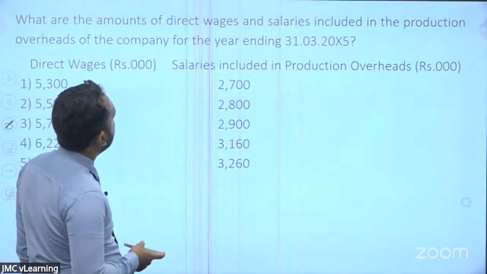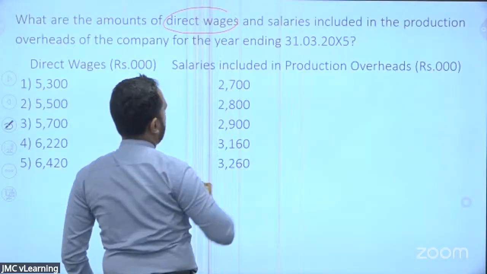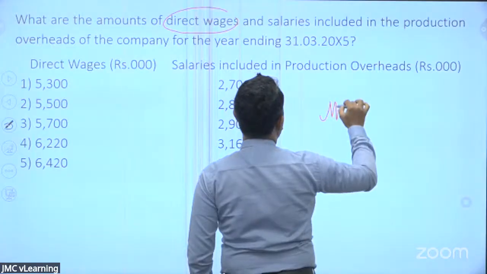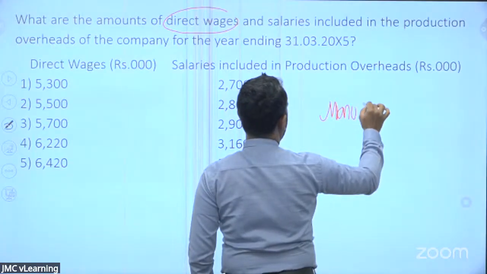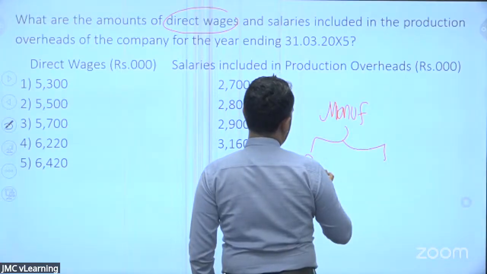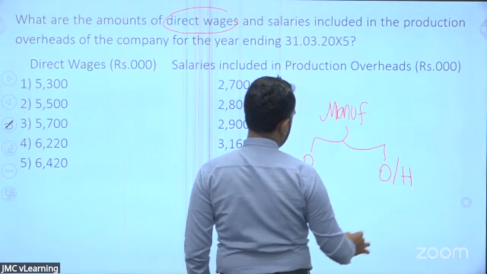What are the amounts of direct wages? Now, if you take the manufacturing account, the cost can be divided into two. One is the direct cost, the other one is the overheads.